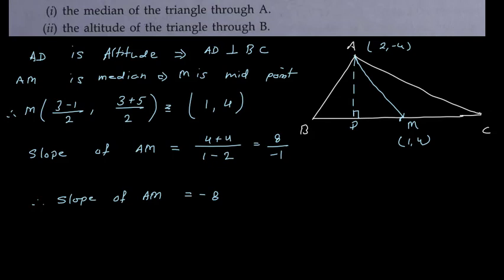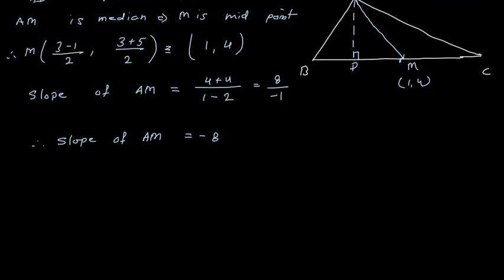Now I will find the equation of AM. Slope of AM I have and one point I can use. So therefore equation of AM, you can use either point A or point M. So equation will be in slope point form.